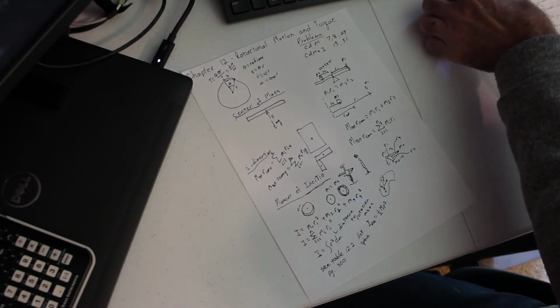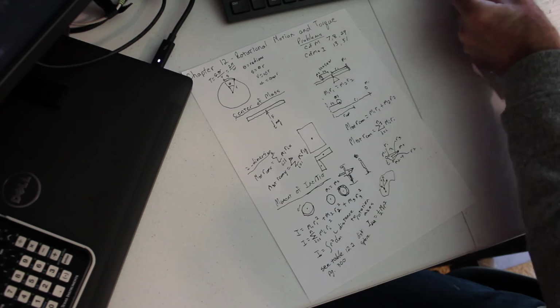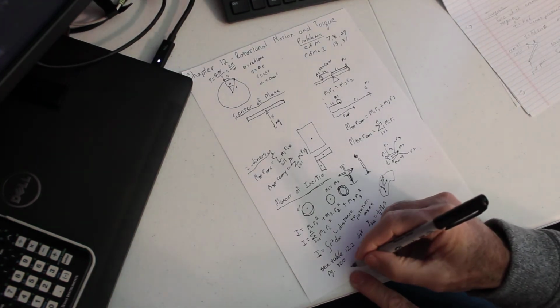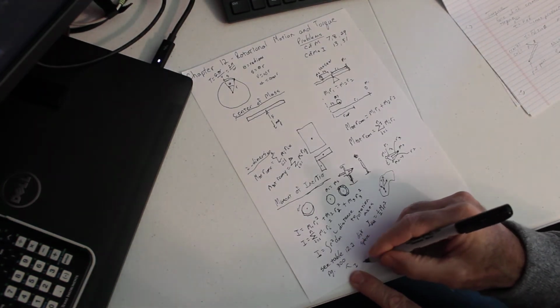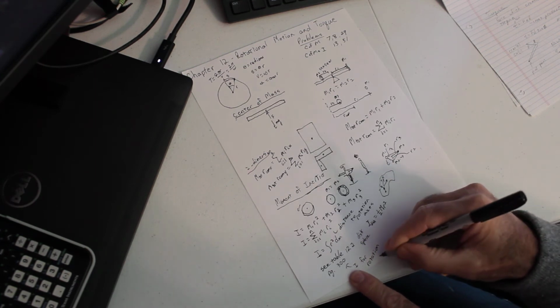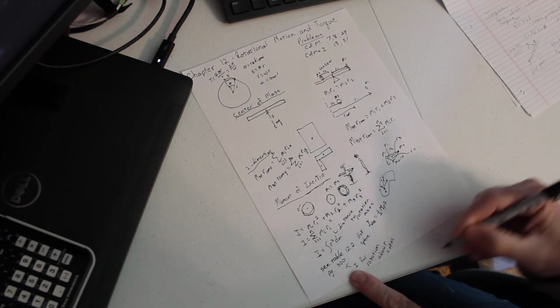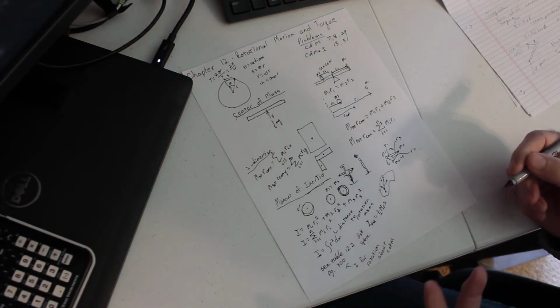All right, now with the moment of inertia, when you look up I in this table, it gives I for rotation about the center of mass. However, we don't always rotate things around the center of mass.